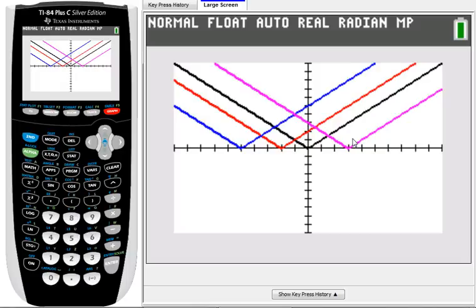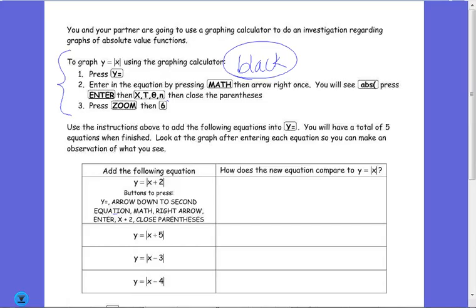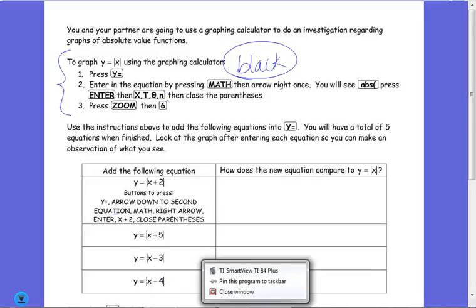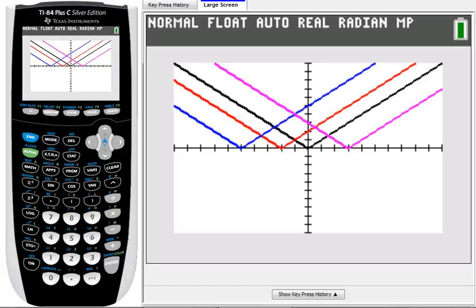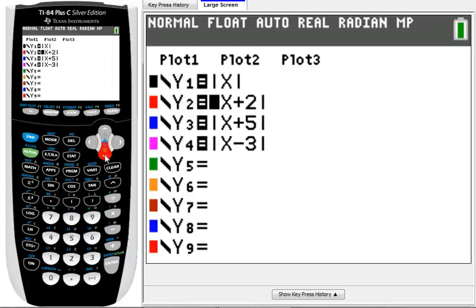Okay, we have one more equation to add, and that final equation is y equals absolute value x minus 4. So to put in this final equation, we go back to y equals. We go down to the fifth equation.